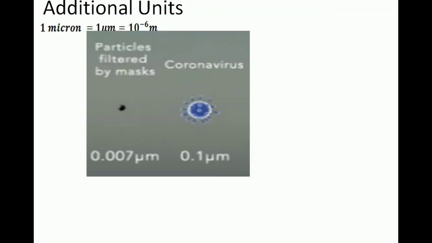One more real life example, the size of the coronavirus is 0.1 micron, and the particle which can go through your mask is 0.007 micron, which is less than 0.1 micron. So if you wear the mask, coronavirus cannot enter through the mask.